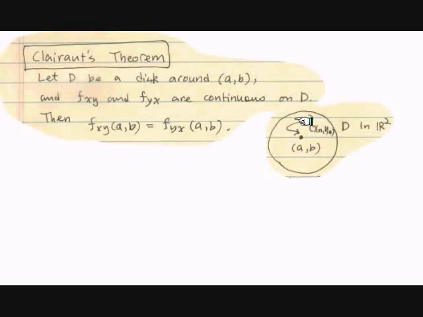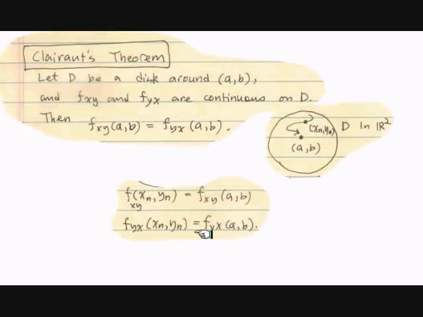Suppose a sequence is approaching this point (a, b) along this path. If the values of the function at that sequence, and the values of the partial derivative at that sequence, converge to the function value like this, then that's the definition of being continuous.